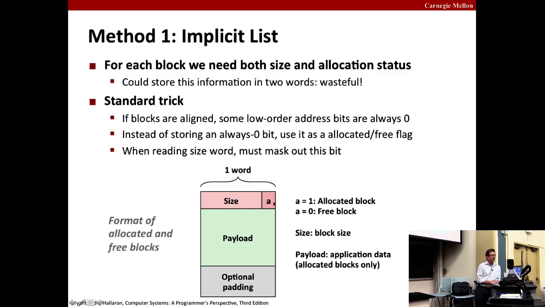Okay, and we can do that because we know it's always 0. So we use that low-order bit to store the allocation status, and then the remaining bits correspond to the size. And then whenever we want to extract the size, we just mask out this allocation status and always set it to 0, because we know that it's 0.